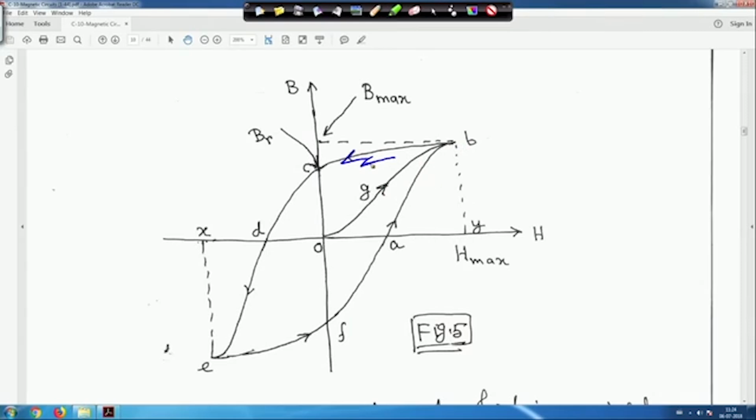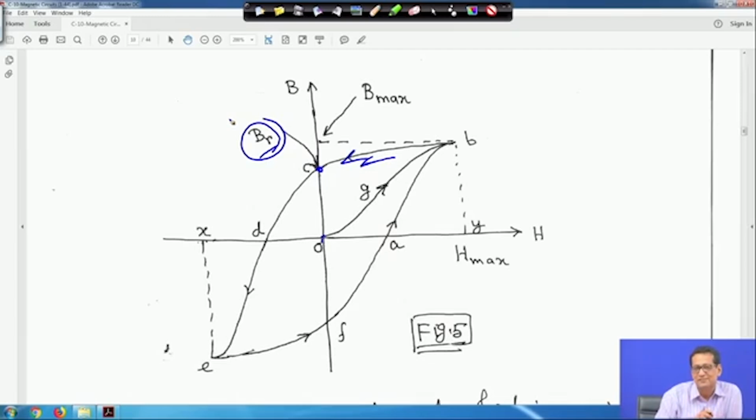You will find when H is equal to 0, some flux will be there in the material. This is actually called residual flux. So, this OC, that is your Br, is the residual flux. Although H is equal to 0, some residual magnetism will be there. This is called the residual flux, and this is the residual flux density.